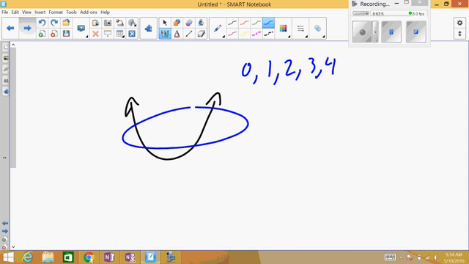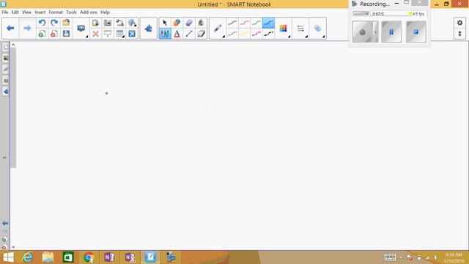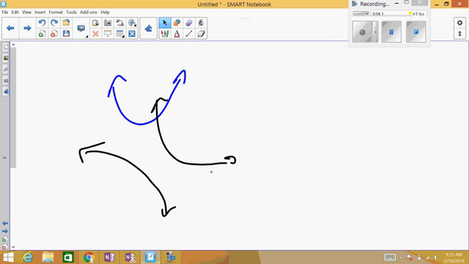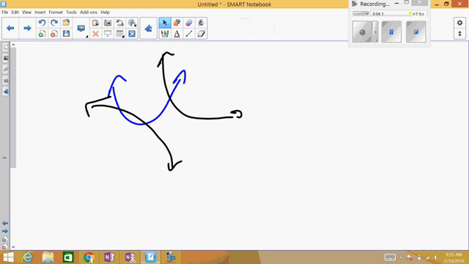All right, what about a parabola and a hyperbola? Here's my parabola. Let's get a different color in here for my hyperbola. Maybe my hyperbola looks something like this. Not a very good hyperbola, but looking there, it looks like we'd have 1 point of intersection.